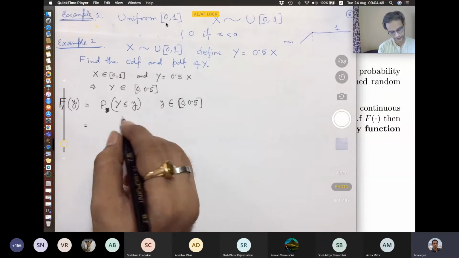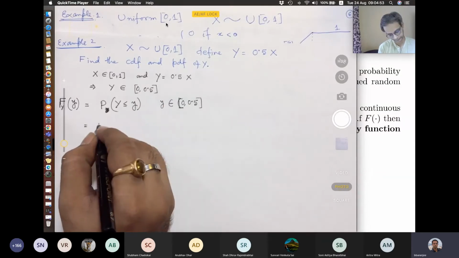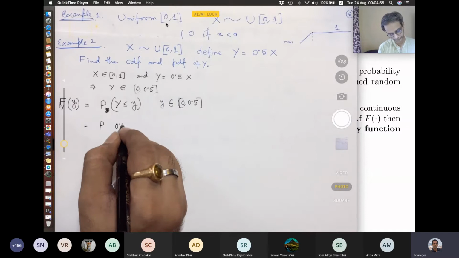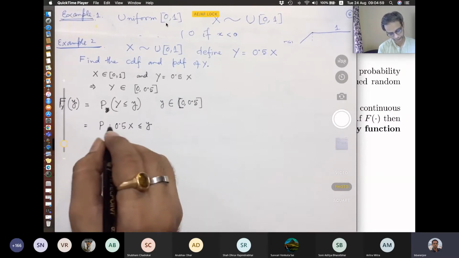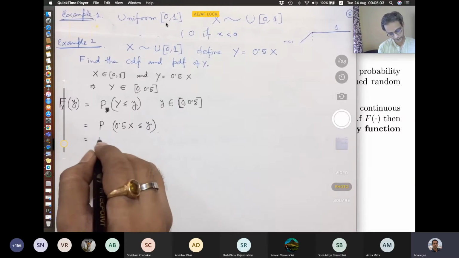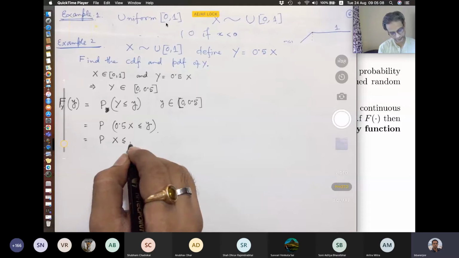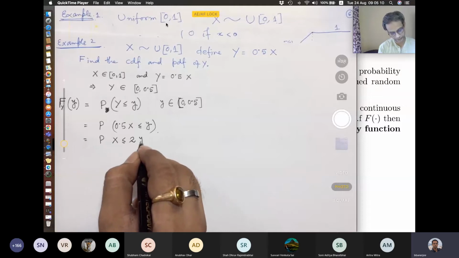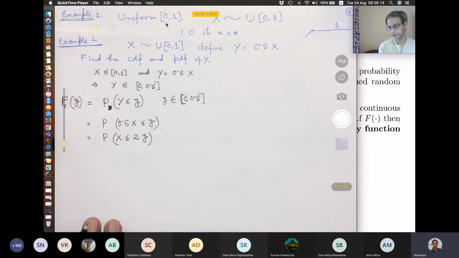Okay, very good. But you know y equals 0.5x, and from here x is less than or equal to 2 times small y. Correct.